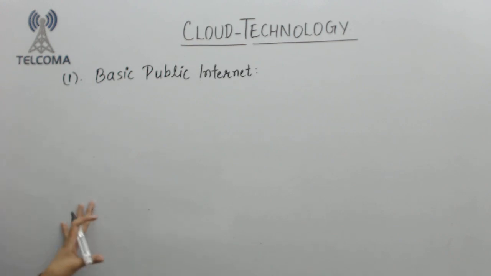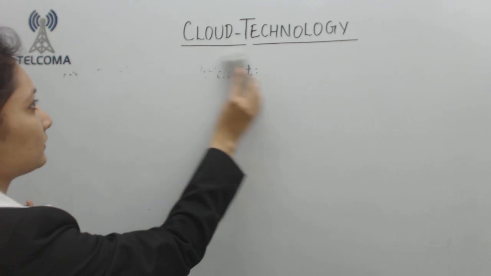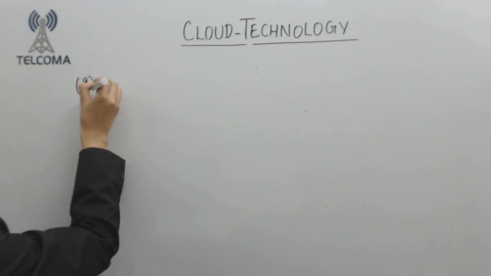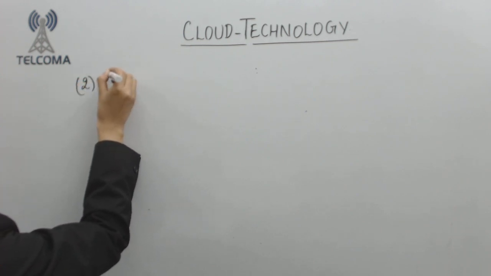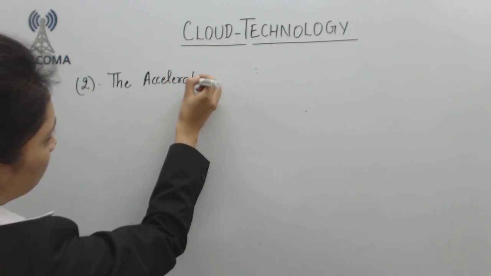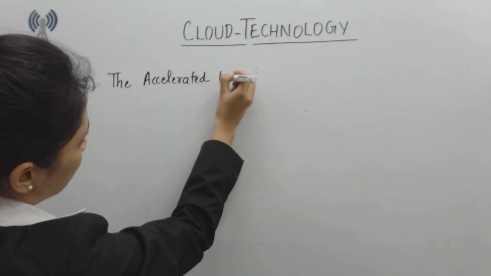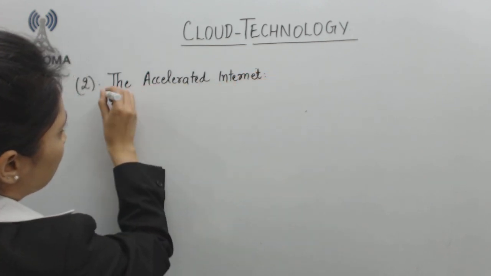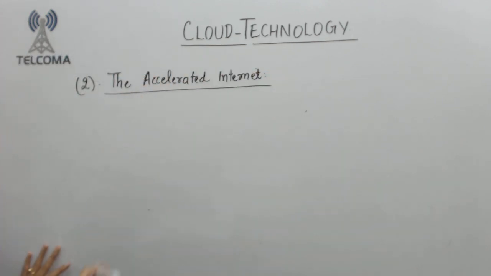The next is the accelerated internet. The second one here is the accelerated internet.